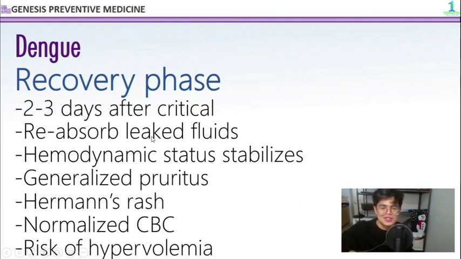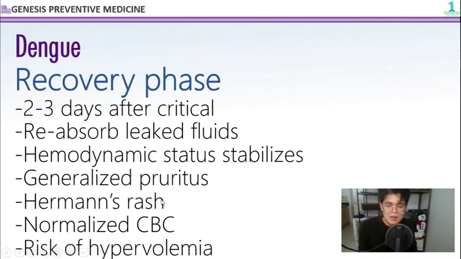So this occurs over a 2 to 3 day period where there is reabsorption of the leaked fluids and hemodynamic status stabilizes. There is generalized pruritus. This is due to the reabsorption of the leaked fluids. It causes some itching.